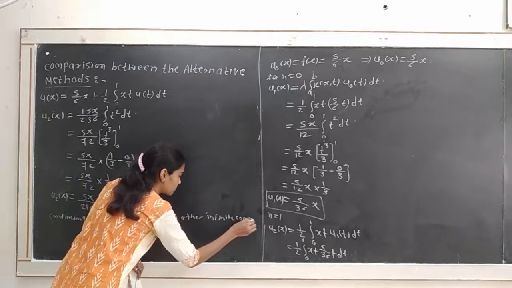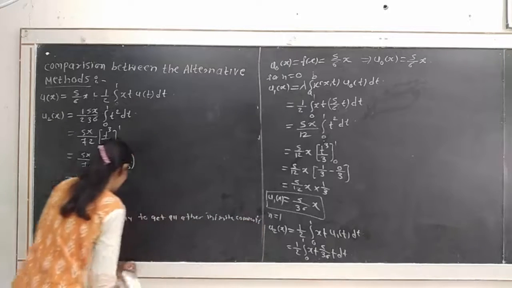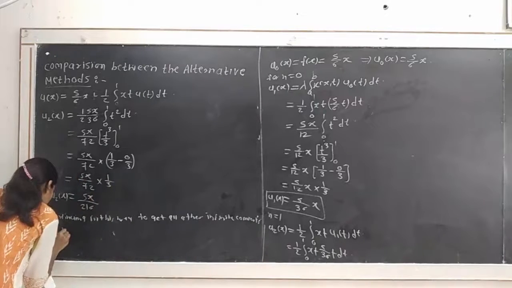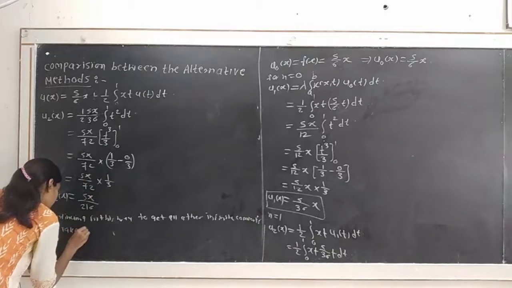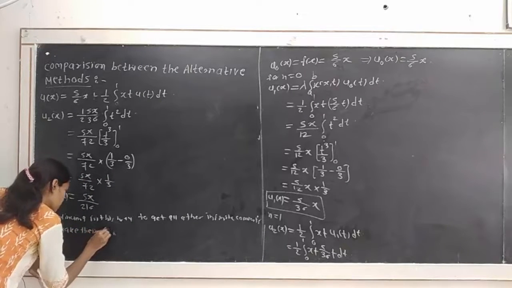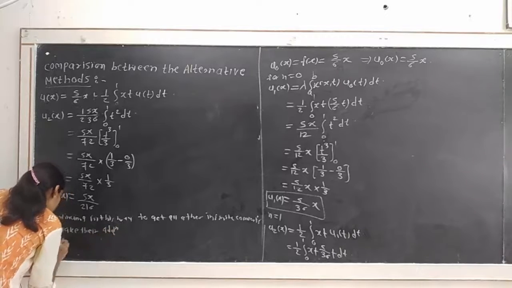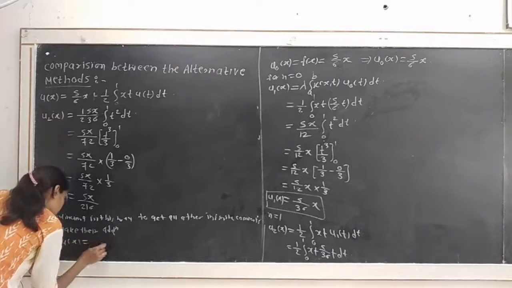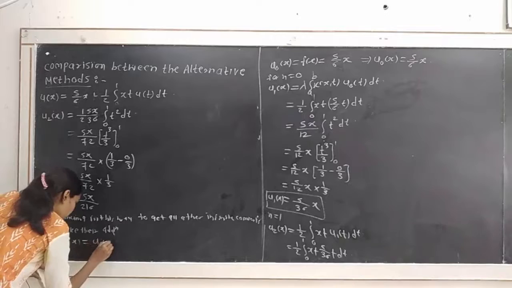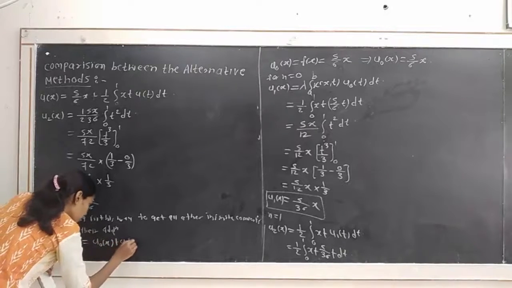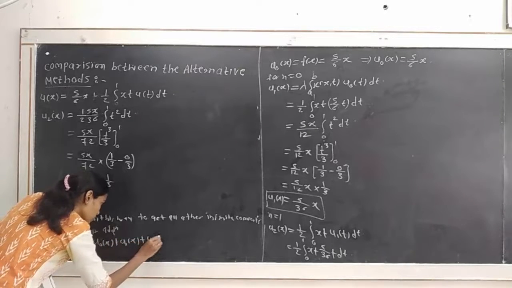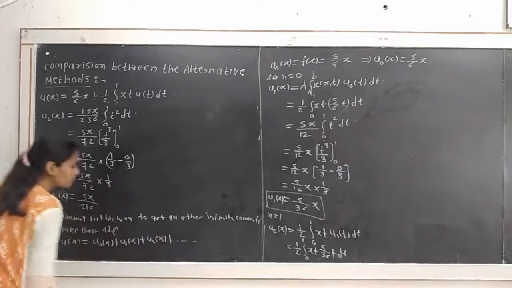Then we take their addition, that is, we consider u of x is equal to u0 of x plus u1 of x plus u2 of x plus up to so on.